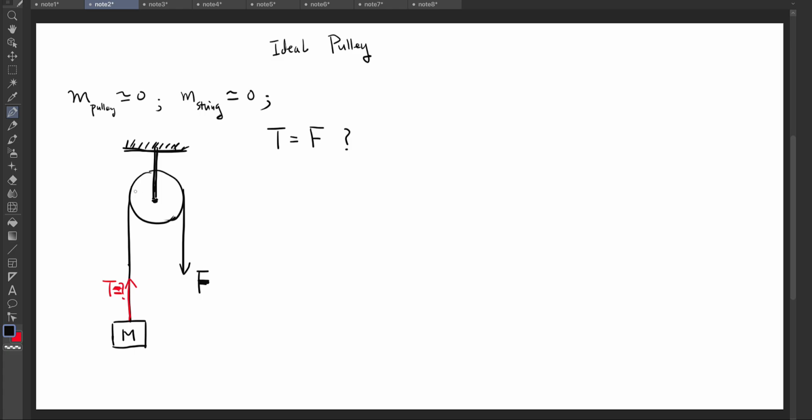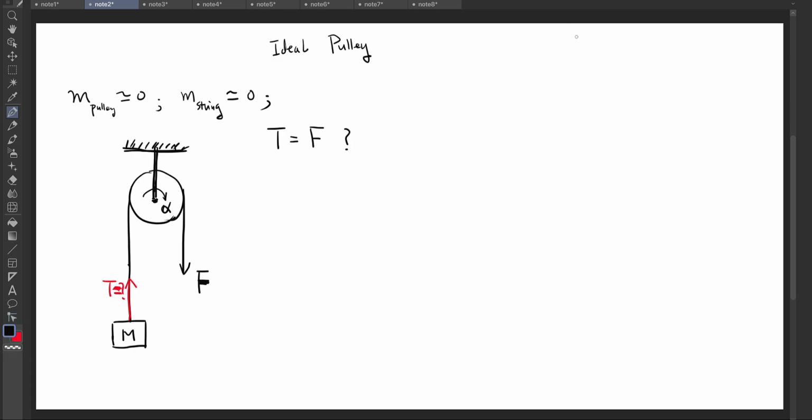Now, in the future, we are going to talk about rotational dynamics. So if you pull down the pulley in this direction, it means that it's going to rotate this way, and that is also going to introduce some angular acceleration alpha.